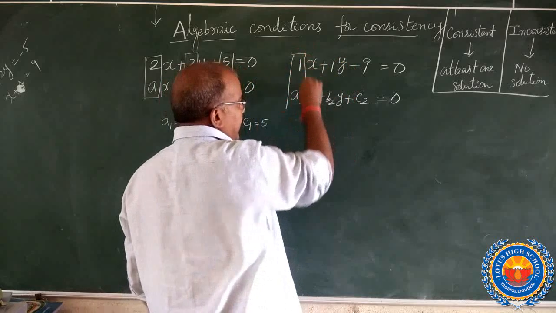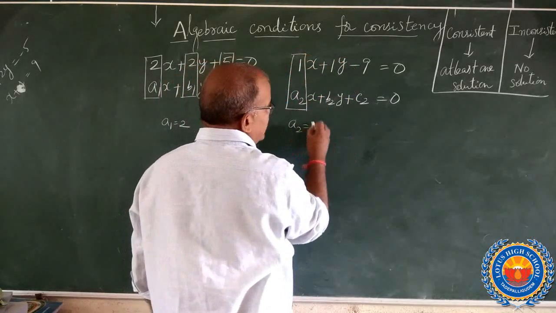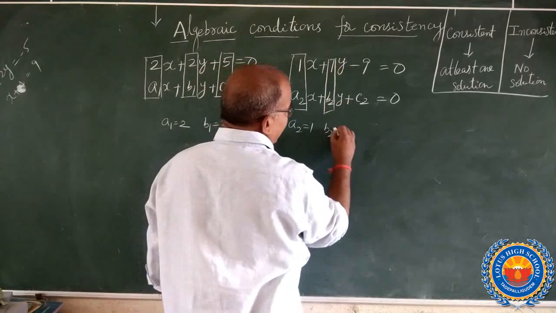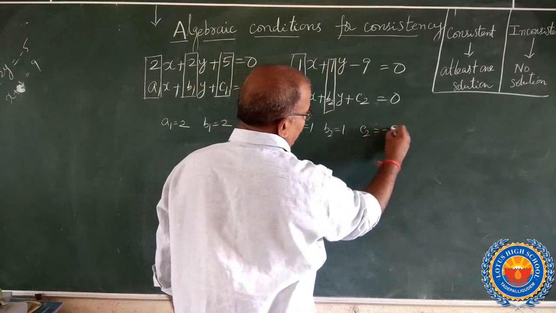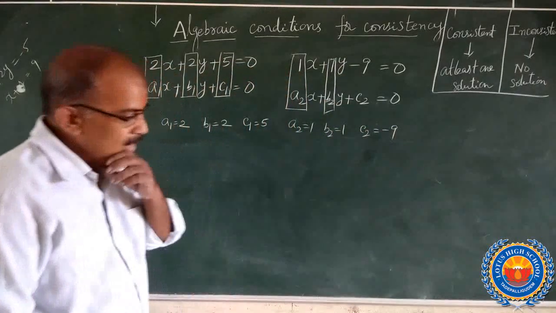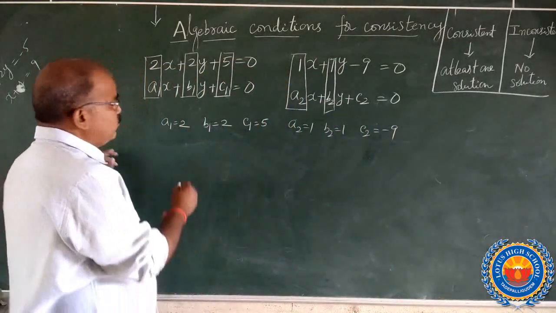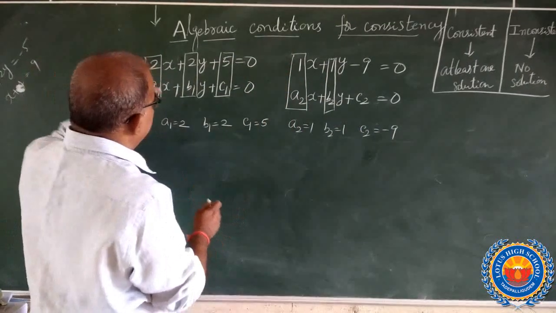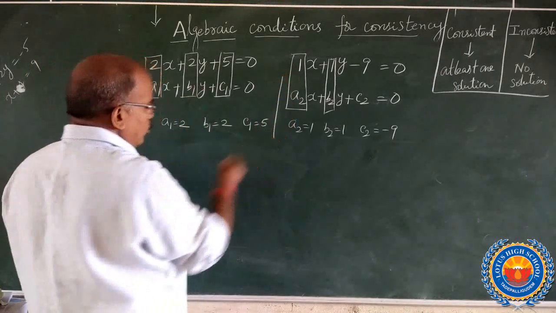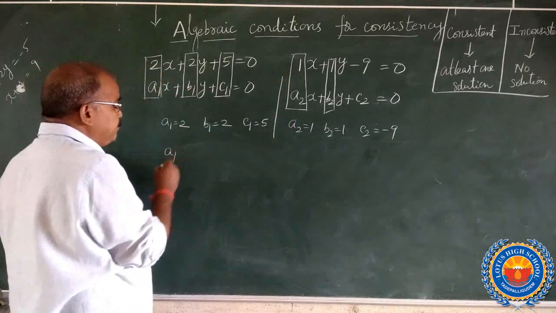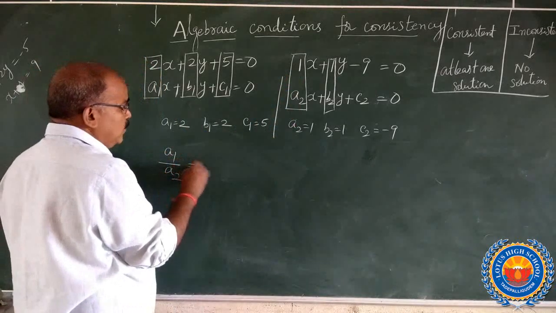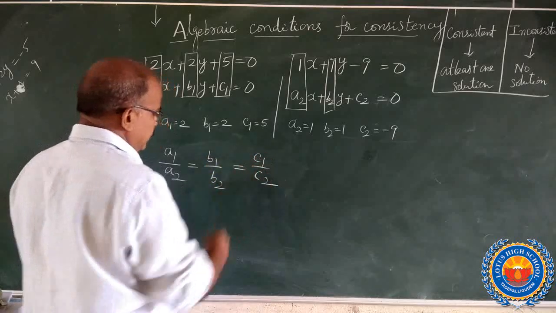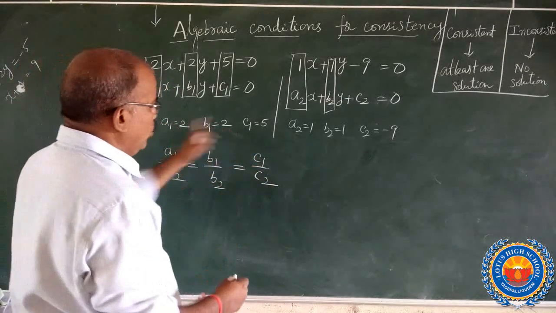That's why a2 is equal to 1, b2 is equal to 1, and c2 is equal to minus 1, wait, minus 9 from the equation. Now, for the condition, I will write a1 by a2, b1 by b2 is equal to, suppose, c1 by c2. What is a1 by a2? 2 by 2.